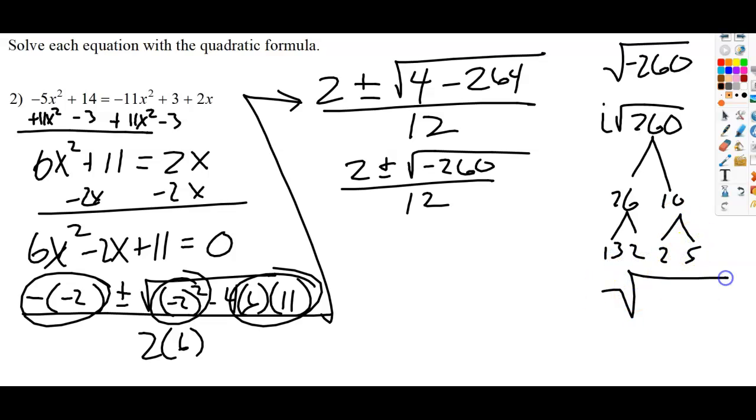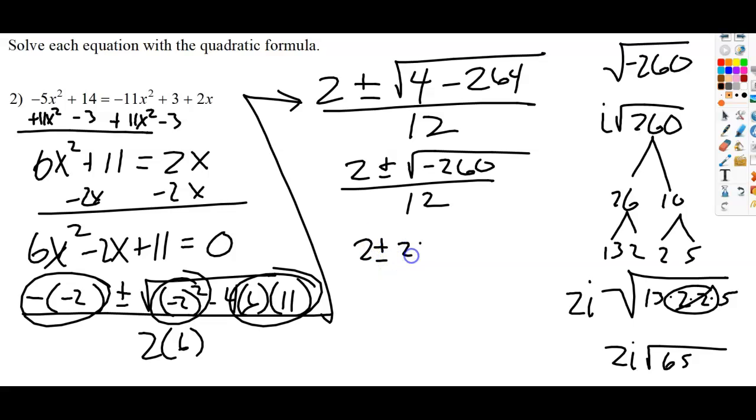So if I rewrite this square root as a product of its prime factors, it would look like this. We look for pairs that are the same, and we take a number out for every pair. What's left on the inside is a 13 and a 5, which is 65. So I've simplified my square root and gotten 2i square root 65.